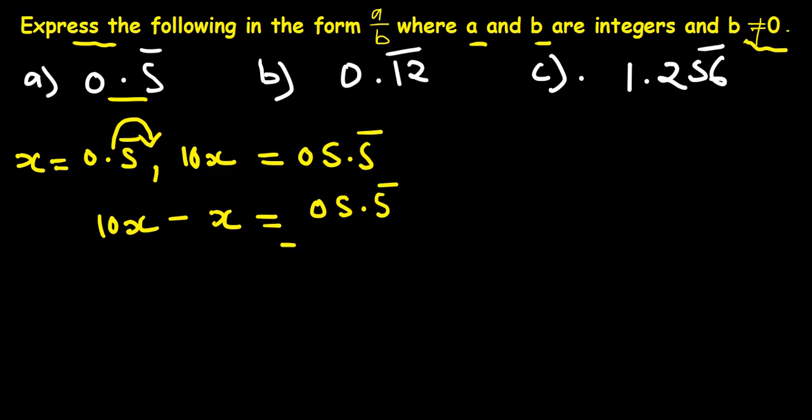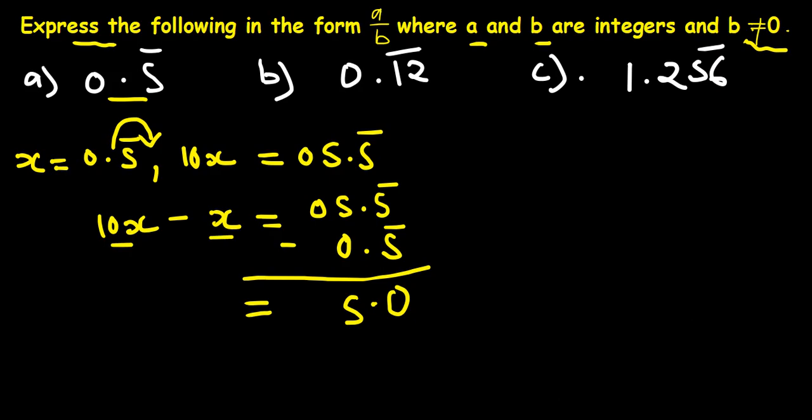And then the x there is just the 0.5, so 0.5 bar there. So you can see that after the decimal place we have the repeating part. Okay, so let's find the answer there. Here when we subtract, this repeating part will go, so we have 0, and then 5 minus 0, it will just be 5. And then on the other side here it will be 10x minus x, which will just be what?